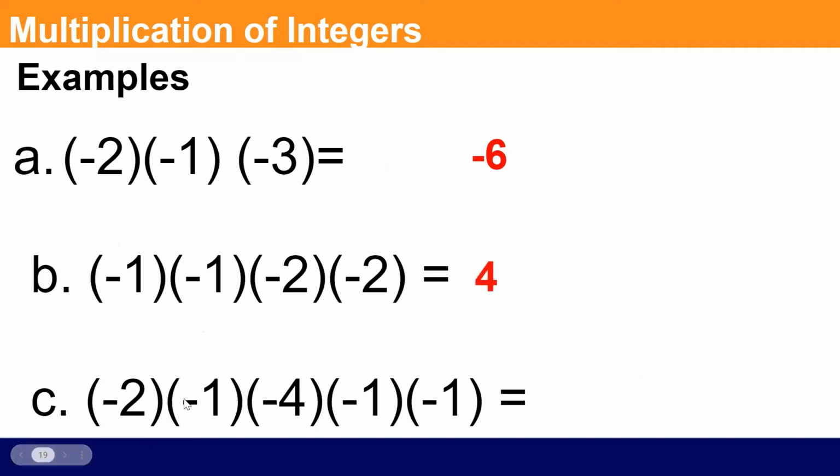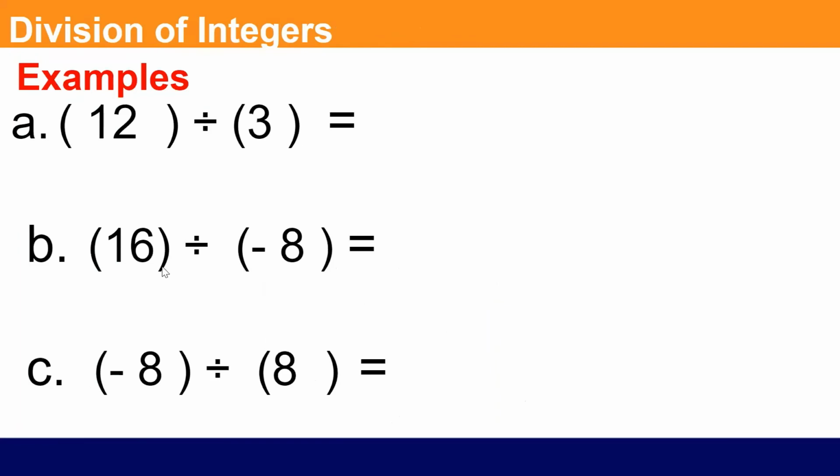And letter C. Negative 2 times negative 1 times negative 4 times negative 1 times negative 1. So, 5 negative integers. Okay? So, ibig sabihin, odd po ang 5. So, ang answer mo dito ay negative. So, negative 8.